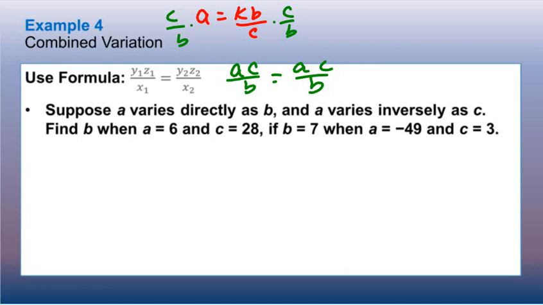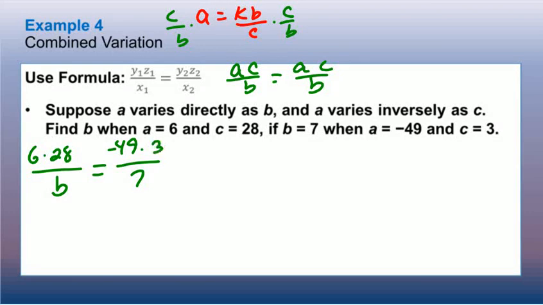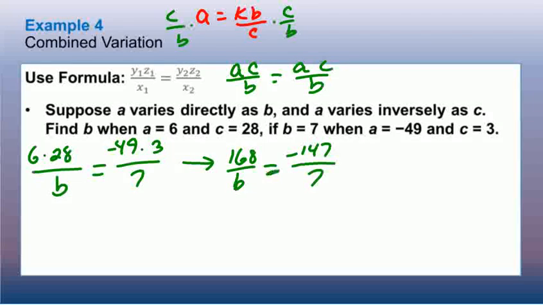So to plug those numbers in, I need to find B when A is 6 and C is 28, if B is 7 when A is -49 and C is 3. So I just plug the numbers in there. Now I do the multiplication. 28 times 6 is 168 over B equals -49 times 3 gives us -147 over 7.